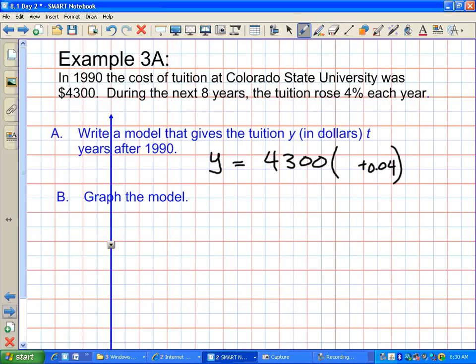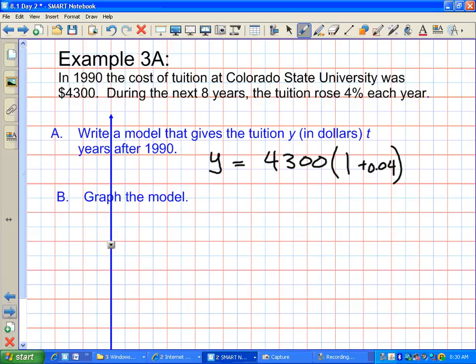Calculator. Quickly. 172. So does that mean in the second year that I just pay $172? I have to pay $172 on top of the 4,300. So I need to have a number 1 here.